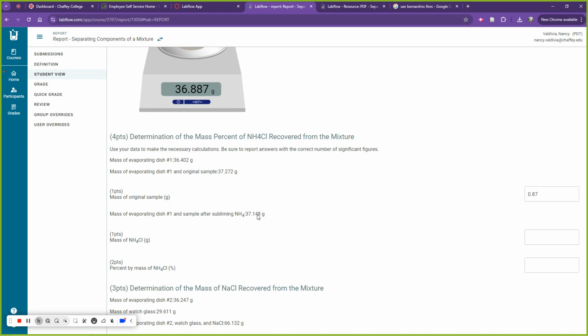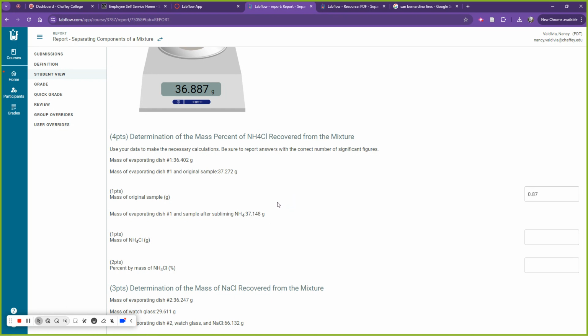You mean like a negative? No, it's not going to end up being a negative per se, because we just want to know what the mass is. So the negative number you're thinking about, that's what's sublimed. That's the gas. It's not exactly negative, it just means it went away. So in this case, we want this number here, so it should be a positive number.